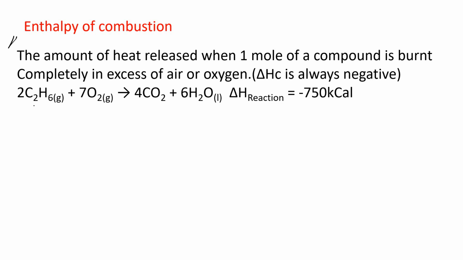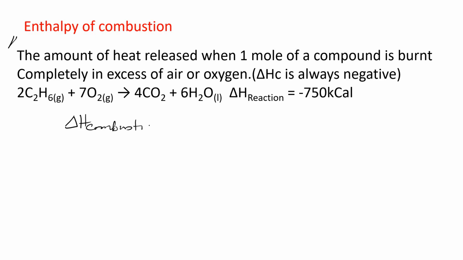Right. Now look here. 2 moles of ethane is combusted with oxygen. Okay, this is combustion, and carbon dioxide and water are formed. Delta H reaction is minus 750 kilocalorie. So what will be delta H of combustion?